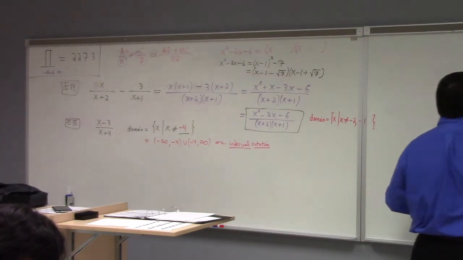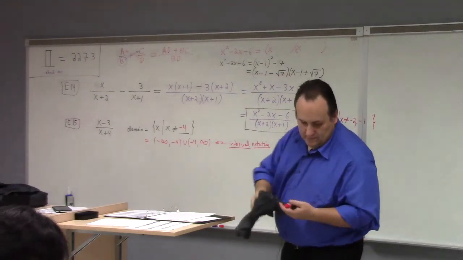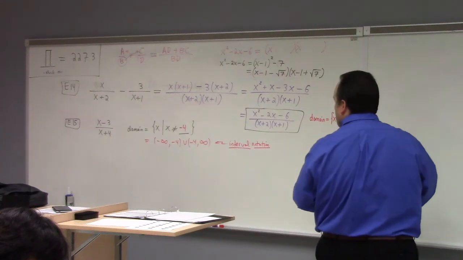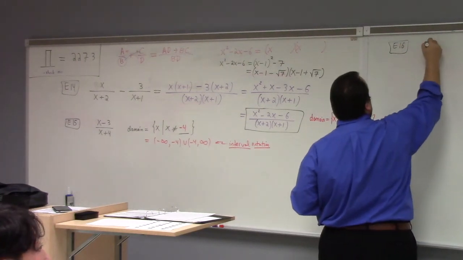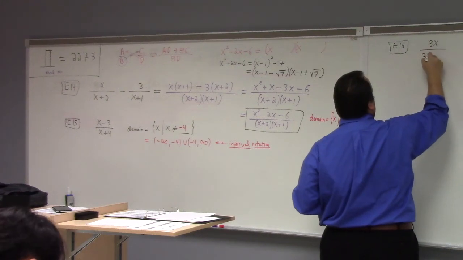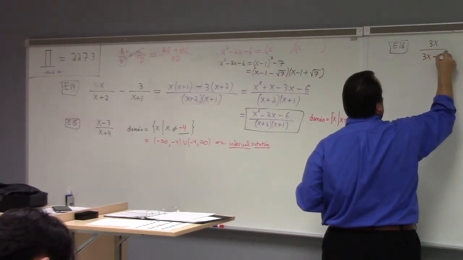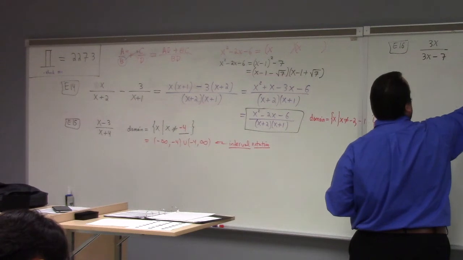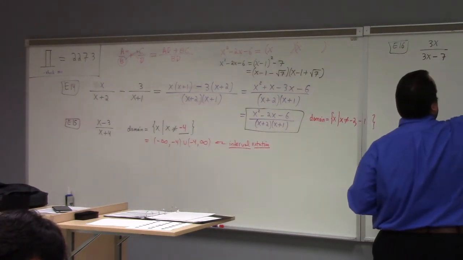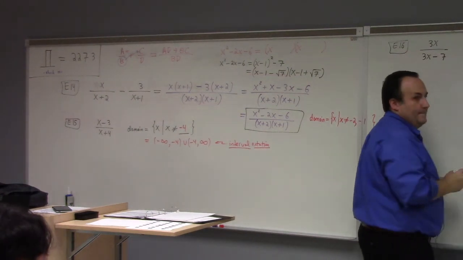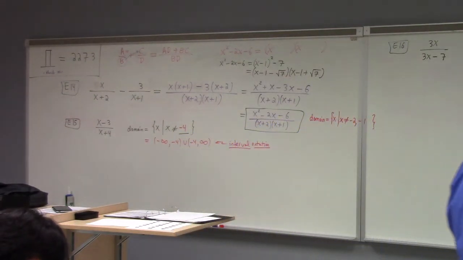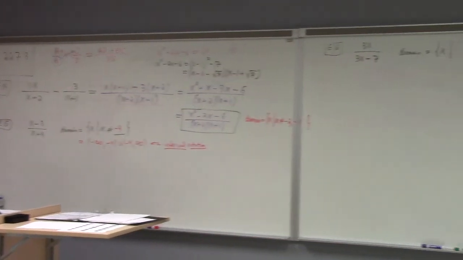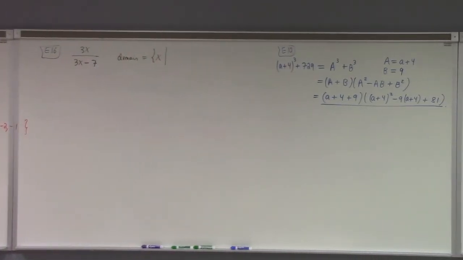Let me make one that's a little bit less obvious. What if we had 3x over 3x minus 7? What's the domain of this? What is it that we're trying to avoid? We're trying to avoid 3x minus 7 being 0, right?